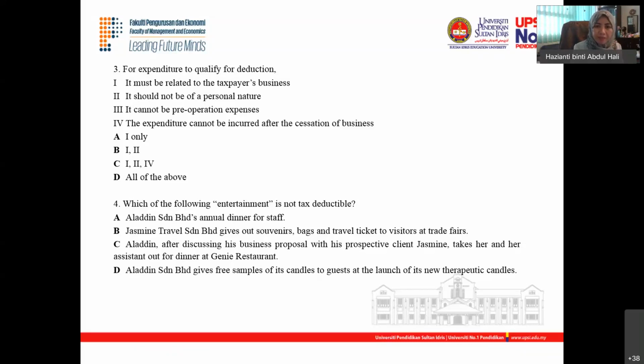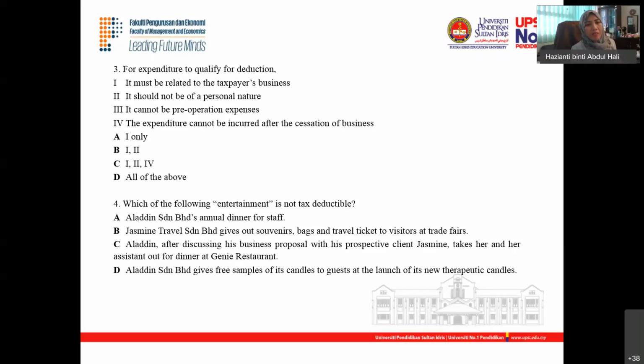Not tax deductible means cannot be deducted in our calculation, because earlier there were a few entertainment items that cannot be deducted. So which one cannot be deducted? C. Agreed, C. Because A, annual dinner for staff, is tax deductible, we did that earlier. Dinner, lunch for staff are all deductible.